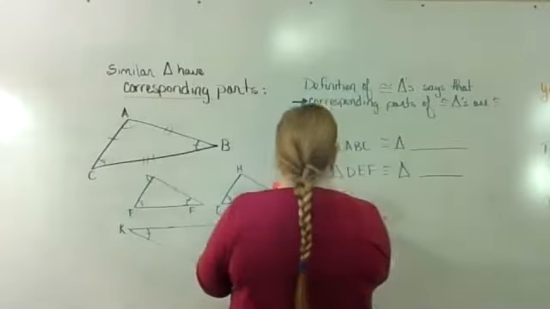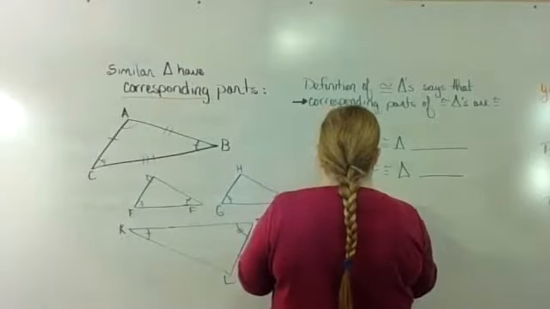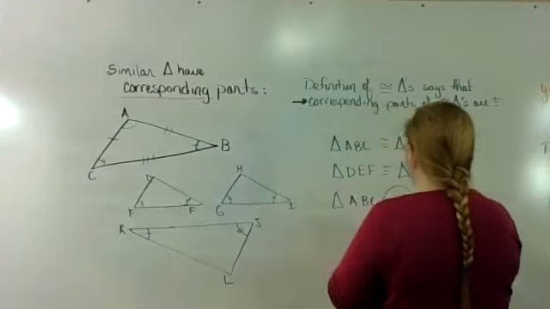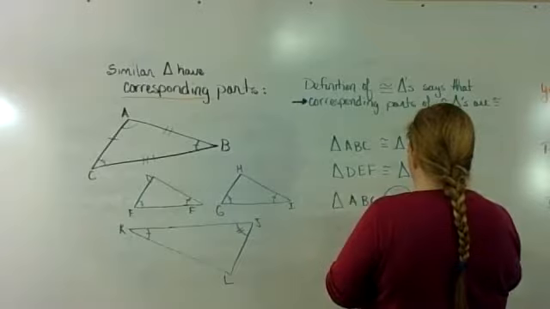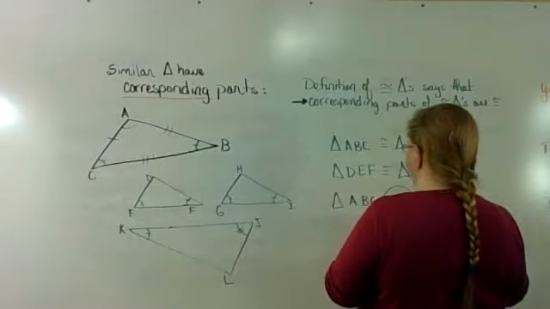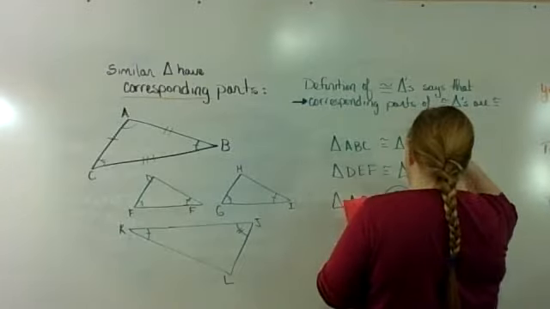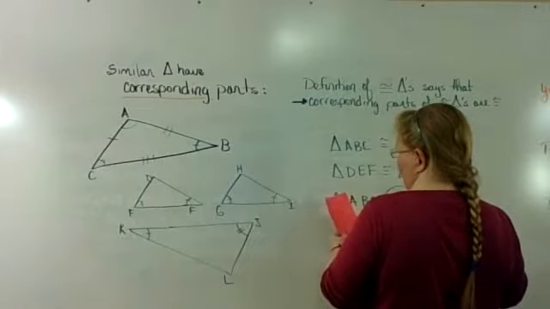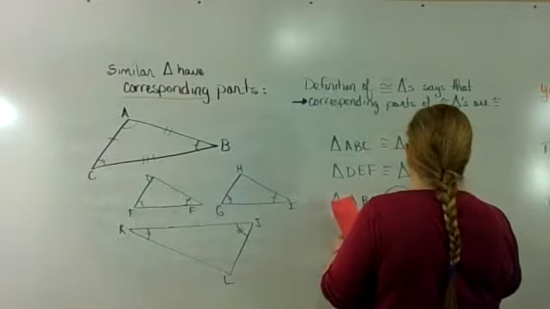And then triangle ABC, big old blank there, to triangle DFE. So this should be DEF.